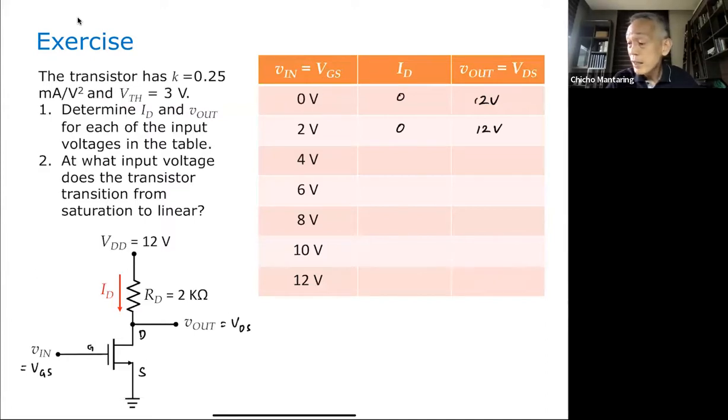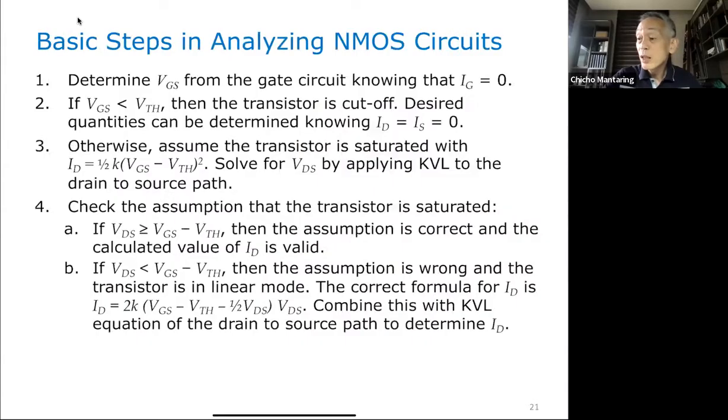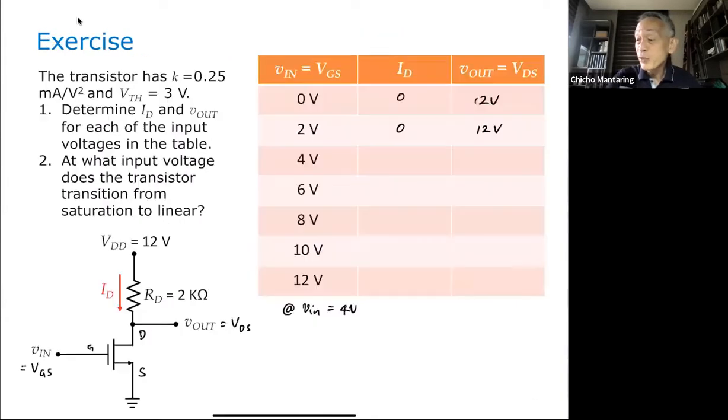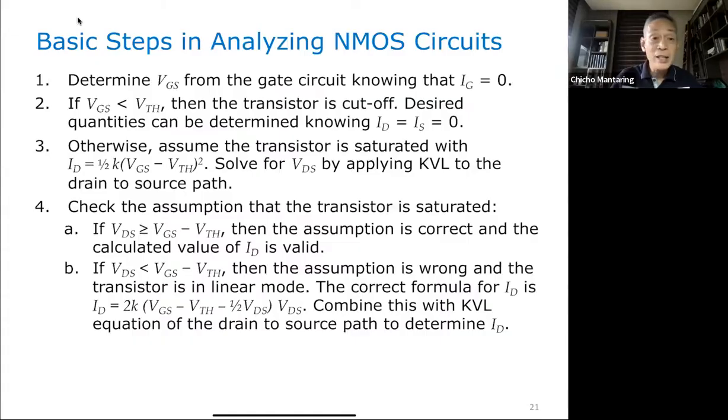Ano? At Vin equal to 4 volts. So according to our rule, okay, determine VGS. Well, alam na natin yung VGS. No? VGS is Vin, which is 4 volts. We already know that that is greater than VTH. So andito na tayo sa step 3.